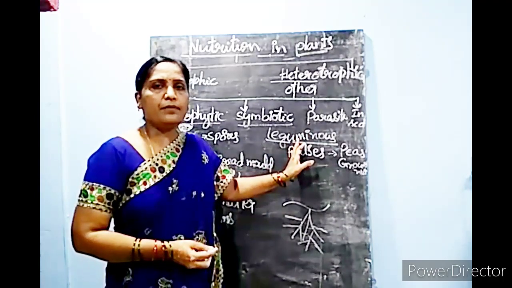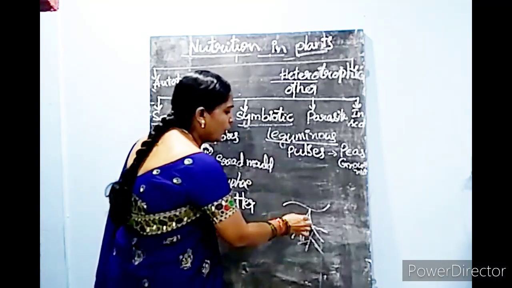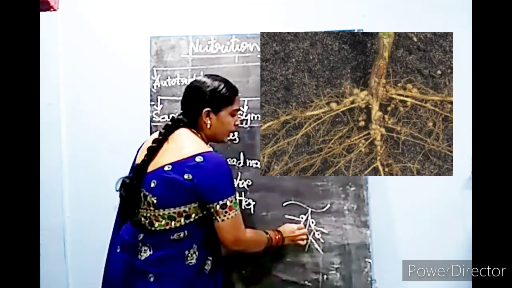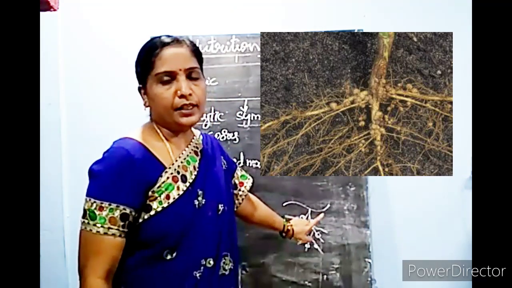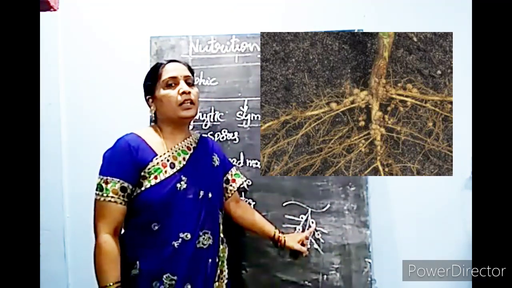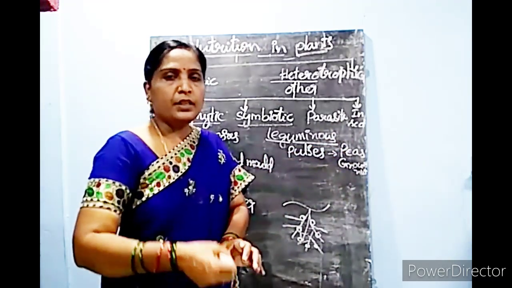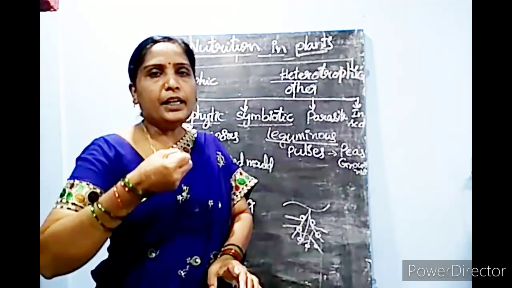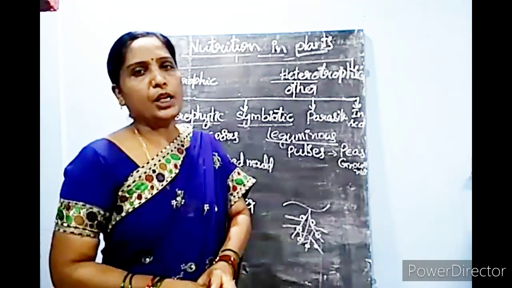So the leguminous family plants, all the plants have root nodules. A white color swollen part is present in their roots. If anybody has these pulses plants at home, just pluck one out slowly along with the roots and observe the roots.